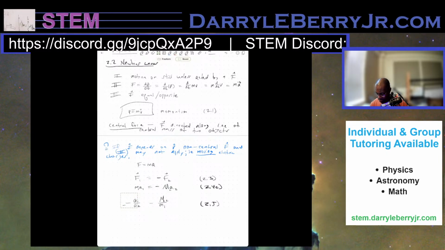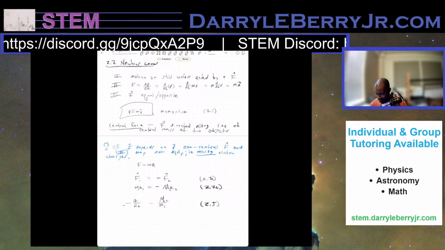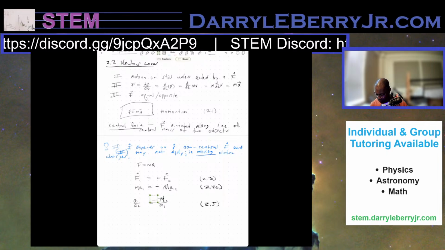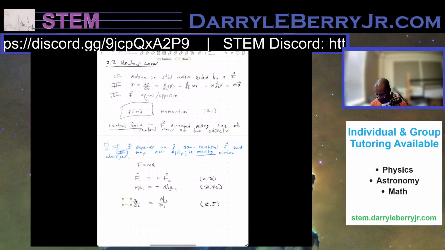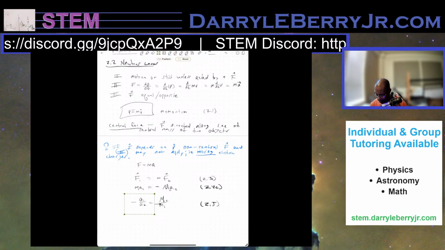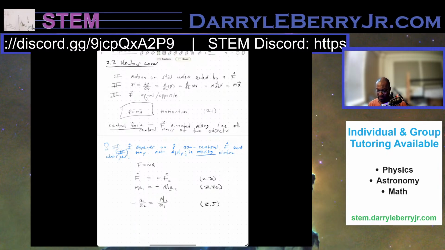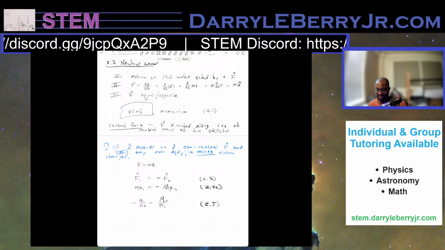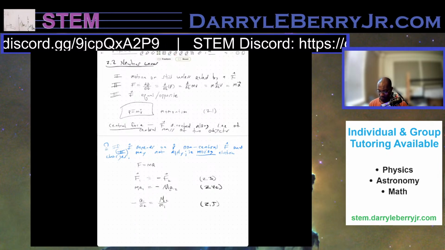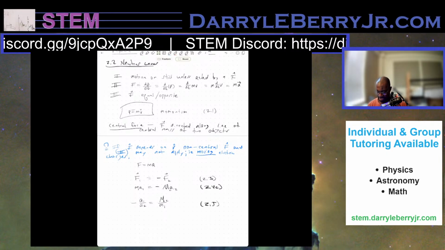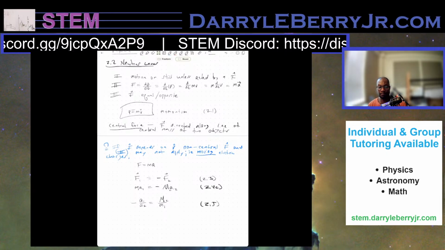And this means that the two accelerations are oppositely directed, because one acceleration divided by another acceleration is negative. So that means they're going in different directions. One is in the negative x-axis, one is in the positive x-axis, for instance.